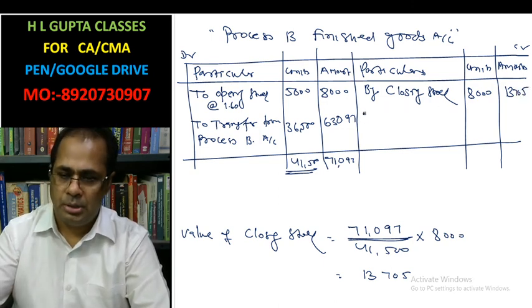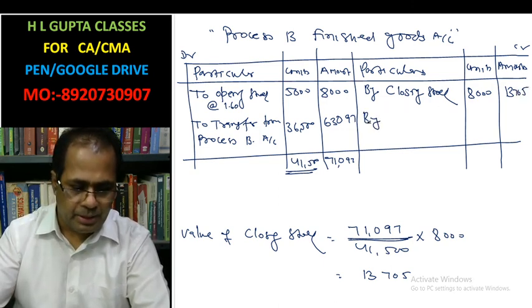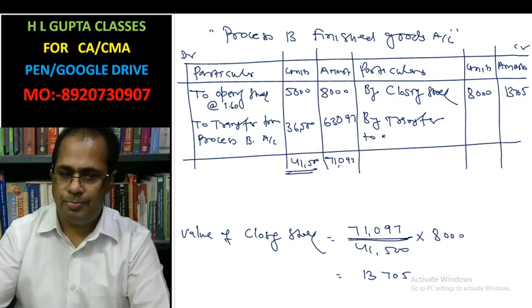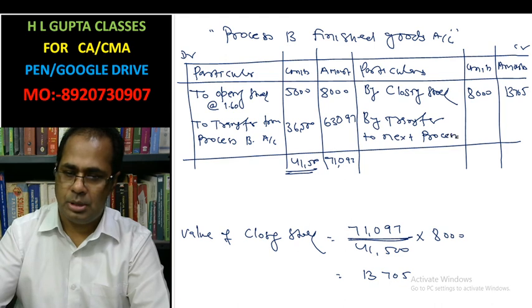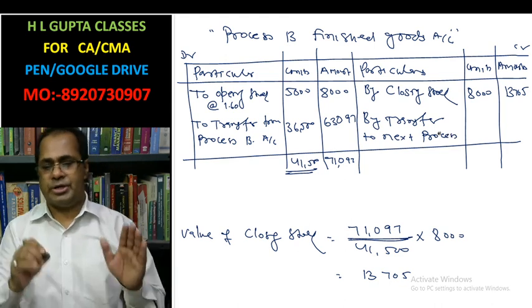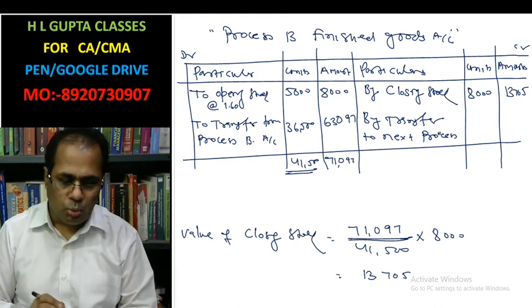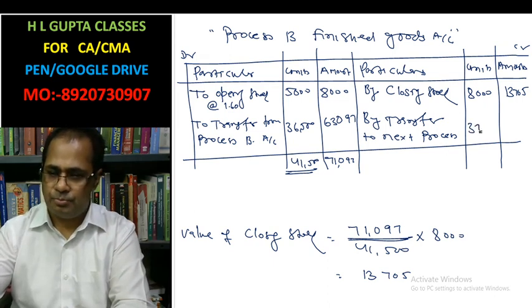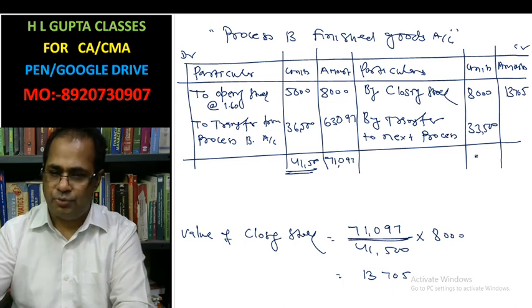By transfer to next process account 13,705. After finished goods of B, you will transfer to the next process. What are the units you have? 33,500 out of 41,500.